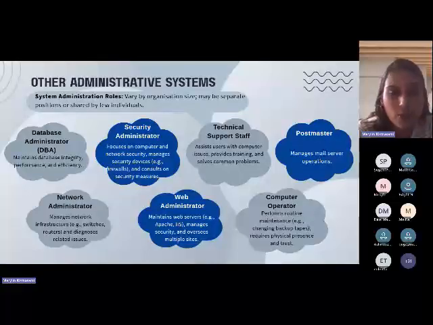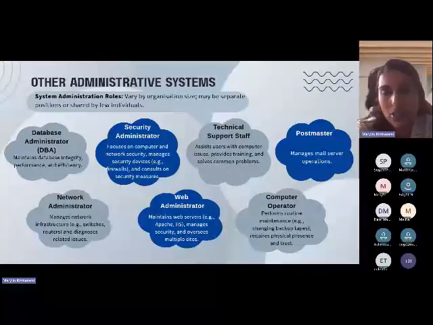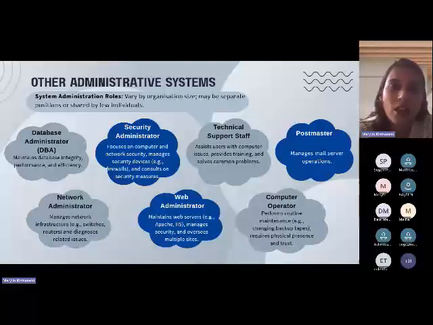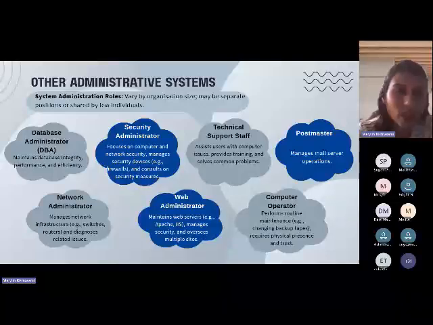So a technical support staff is basically on call to ensure that if there are any issues affecting that employee's ability to fulfill their job role, they go and help them fix any system issues. They are also responsible for troubleshooting common computer problems. They also provide instructions and training when necessary. And as I said, they assist employees in resolving, for example, email issues and recovering lost files.